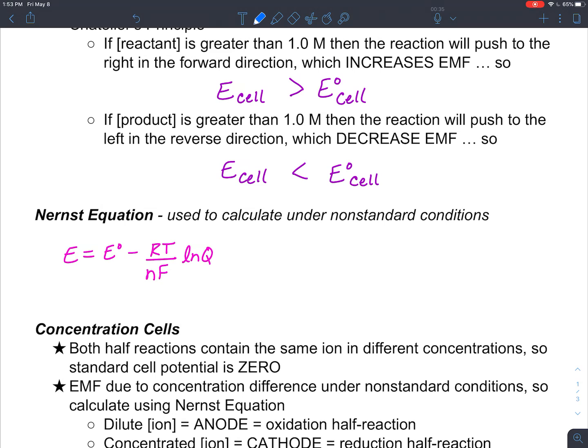Now, we can actually simplify that because we know T and F and R are all constants if we know it is at 298 Kelvin, 25 degrees Celsius. Okay, if it's at standard temperature, then we can simplify this.